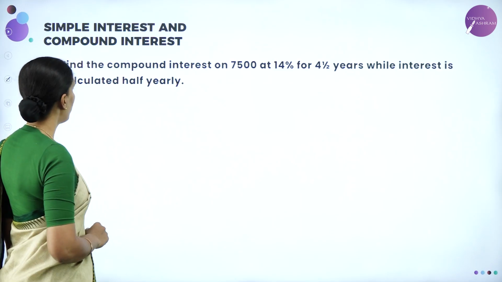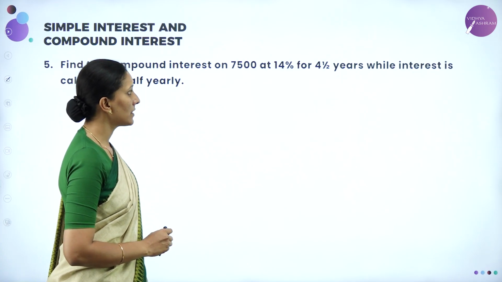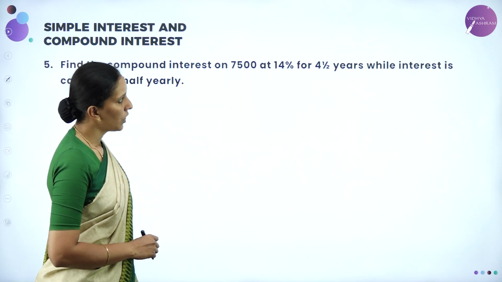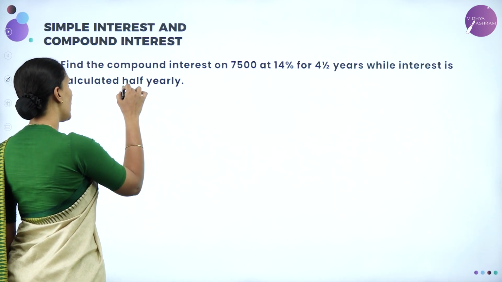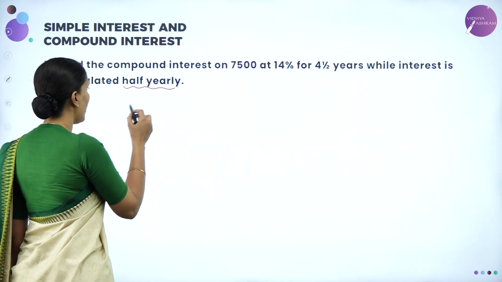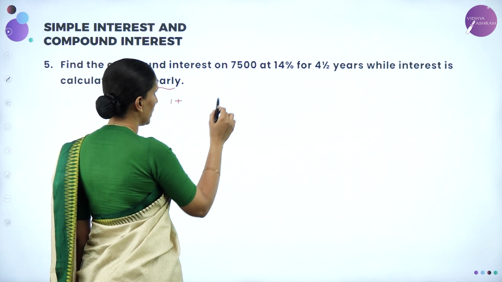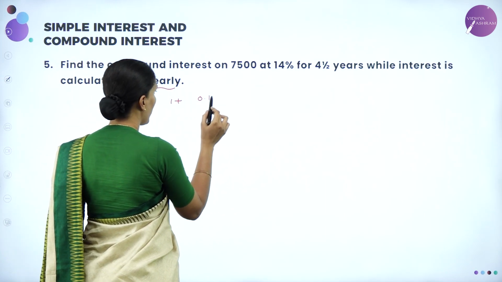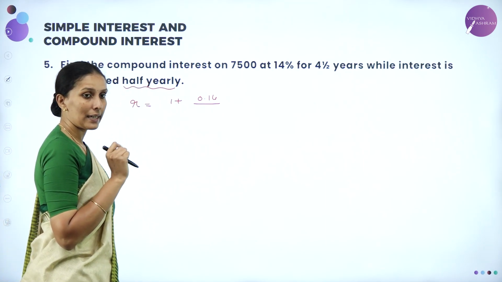Next problem. Find the compound interest on 7,500 at 14% for 4.5 years while interest is calculated half yearly. So when I'm talking about half yearly, obviously we have effective rate of interest. So therefore, R is equal to 1 plus what is I, yearly? 14%. So 0.14 divided by, half yearly means in a year it is calculated twice.